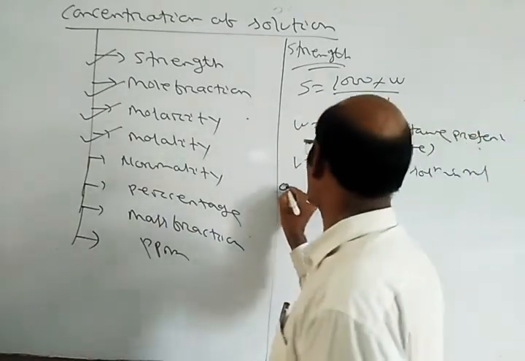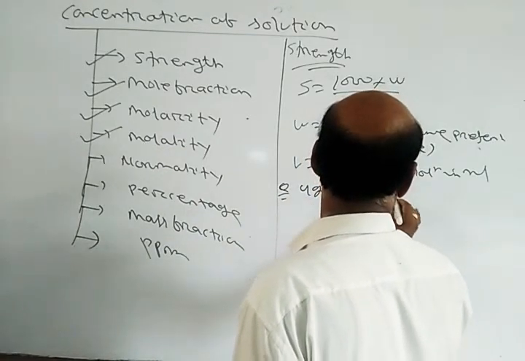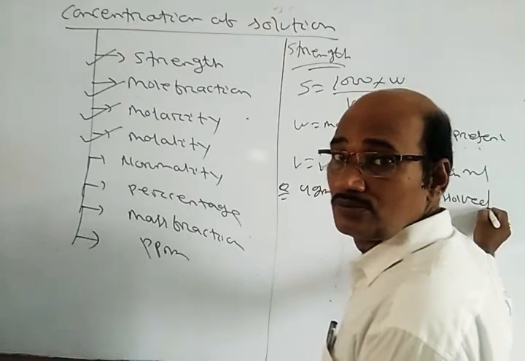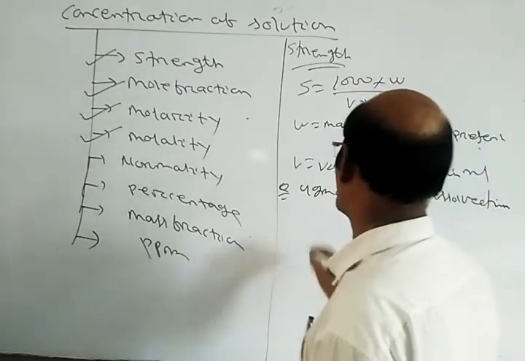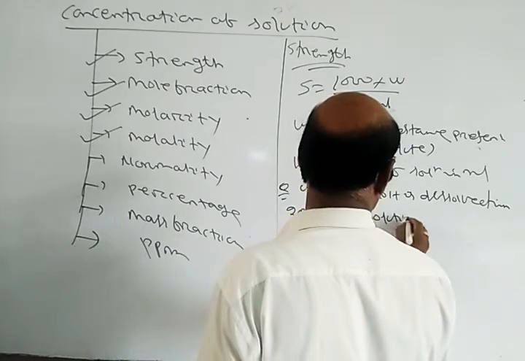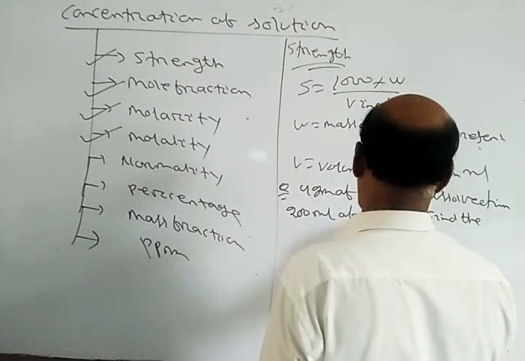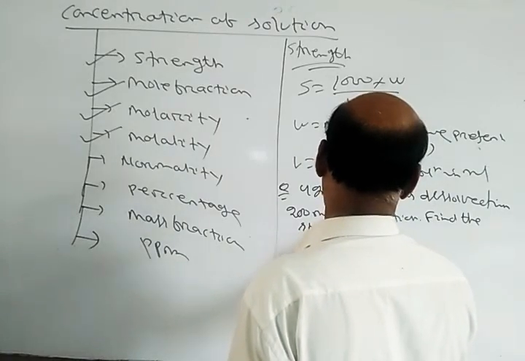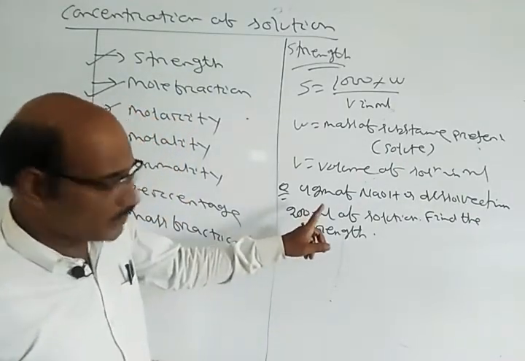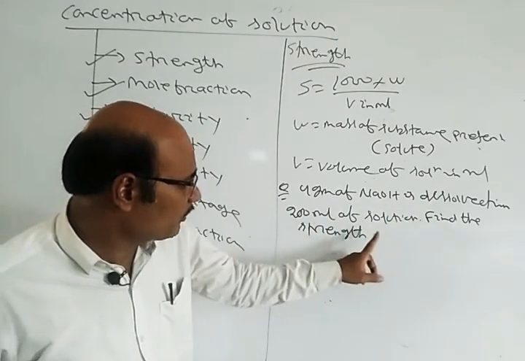Okay, for example, 4 gram of NaOH is dissolved in 200 ml of solution. Find the strength. So here you see, 4 gram of NaOH is dissolved in 200 ml of solution.